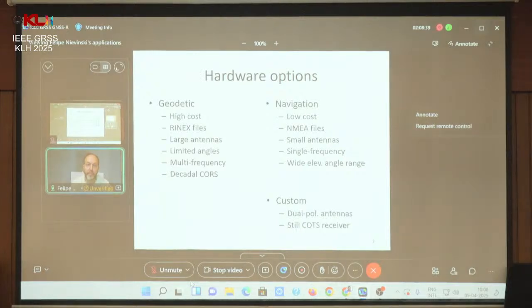But that's not true. At low elevation angles, it's almost impossible to design an antenna theoretically that can reject reflections because of the similarities in angle of arrival, polarization, and delay.